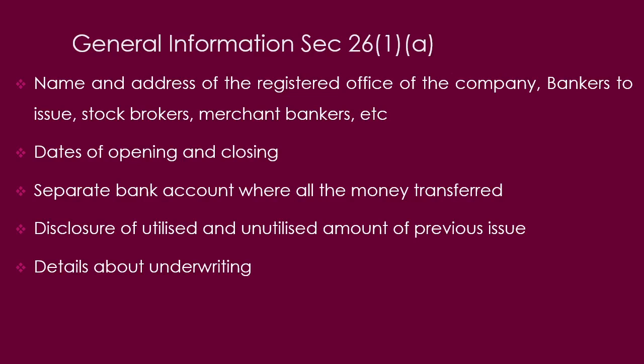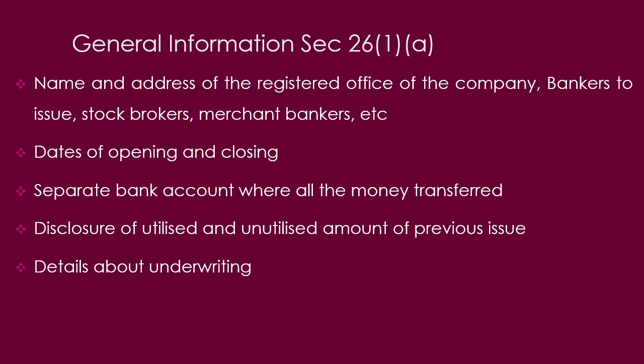When we make any issue, minimum 90% of the issue should be subscribed by the general public. In other cases, the entire process will be stopped. They cannot go further without minimum subscription.